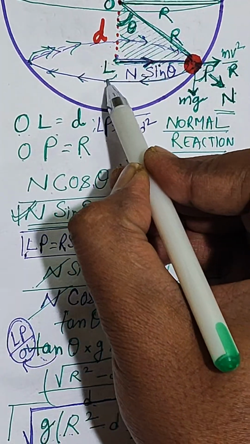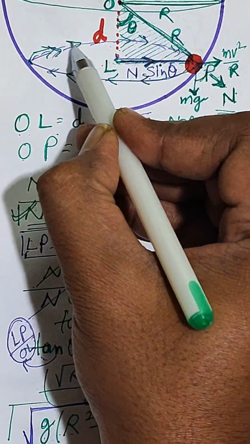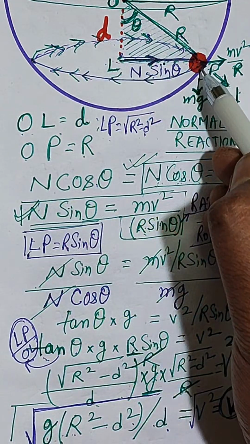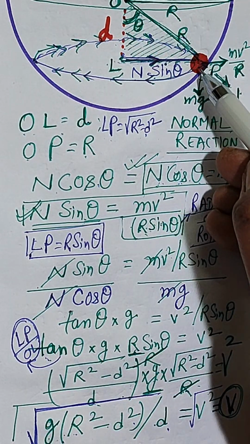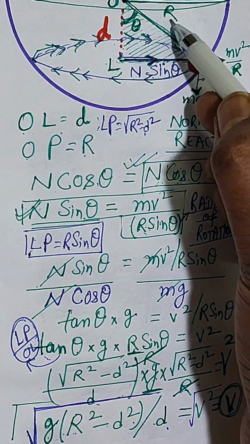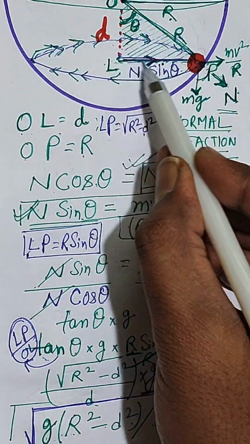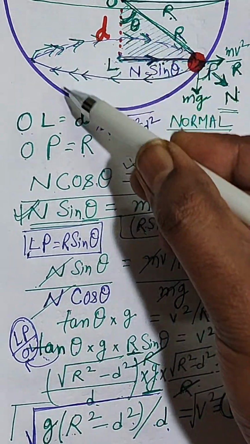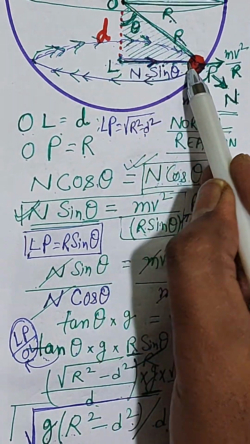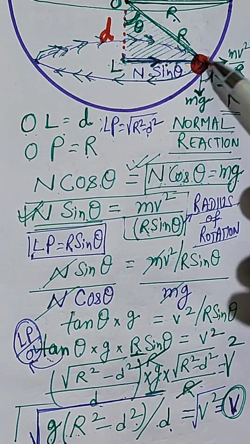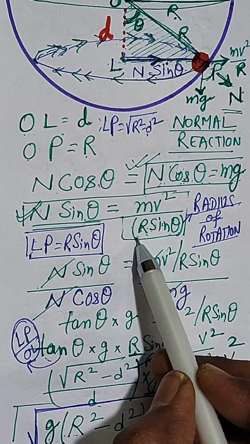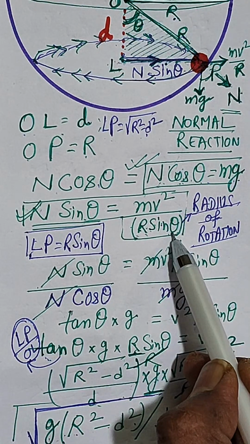Then definitely it is following this path, and the rotation of this particle inside the ball is not happening at a radius of r, but at a depth d from the center, and the radius of the rotation is equal to r sine theta. This is the radius of rotation, right?